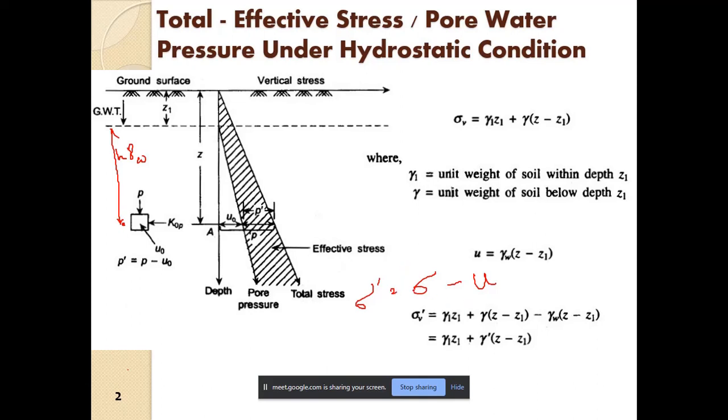So these two parameters we can measure and obtain, and when we subtract the pore water pressure from the total stress, we get the effective stress at that particular point.